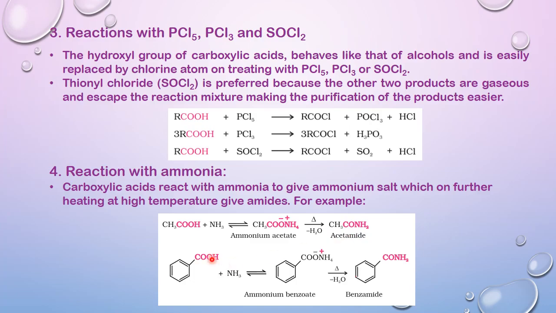If we are using an aliphatic carboxylic acid, our product will be an aliphatic amide, whereas if we are reacting the aromatic carboxylic acid, the product will be an aromatic amide.